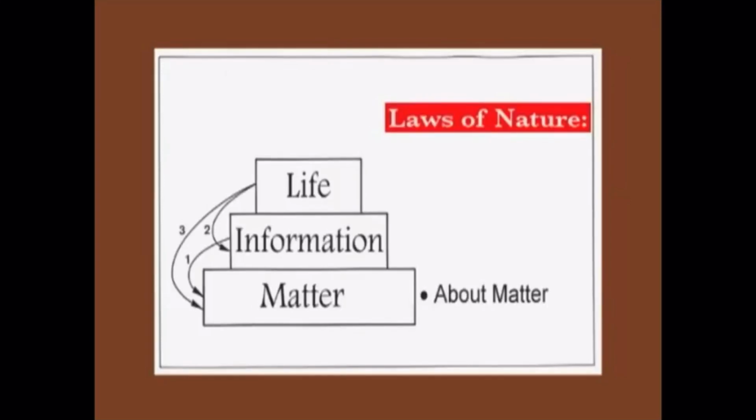But the laws of nature about information are very new. We need such laws of nature, we will see it later on. And we also need laws of nature about life. At the moment, we only know one law of nature about life. It comes from Pasteur. He said, life is only coming from life. It is the only law of nature we know about life.